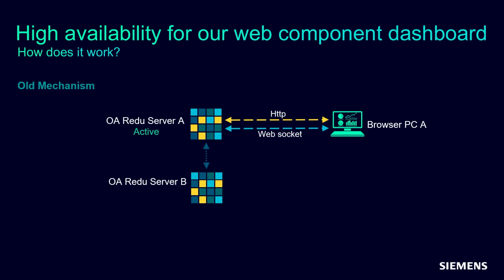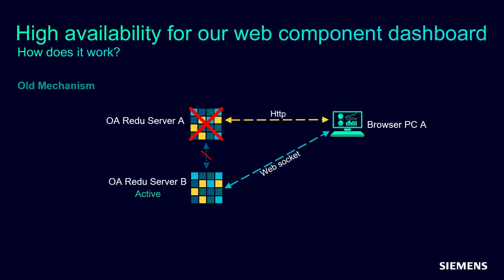Let's imagine our server A is going down for whatever reason, and B becomes active. In this situation, the WebSocket automatically switches to the new partner without any influence on the client side, so on the browser.